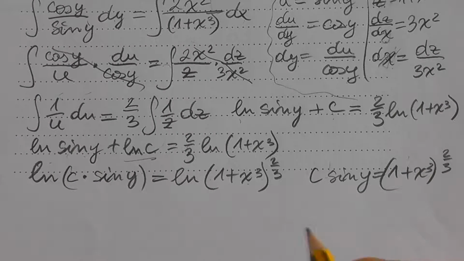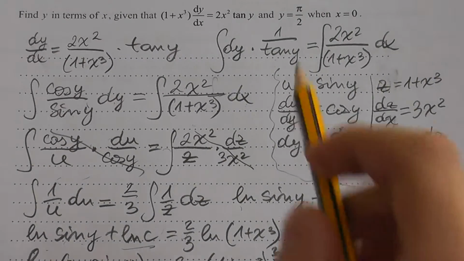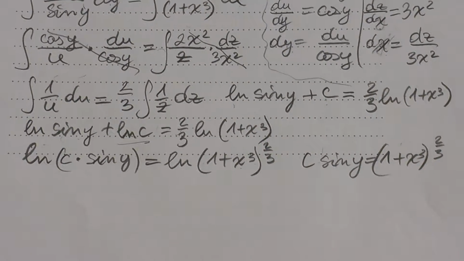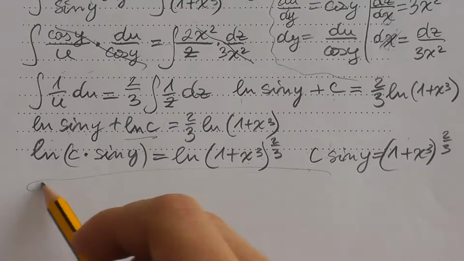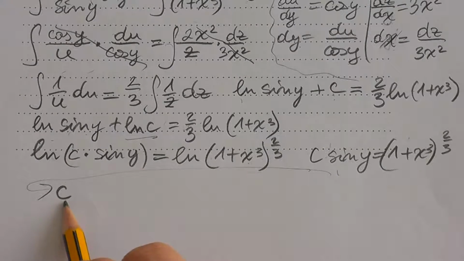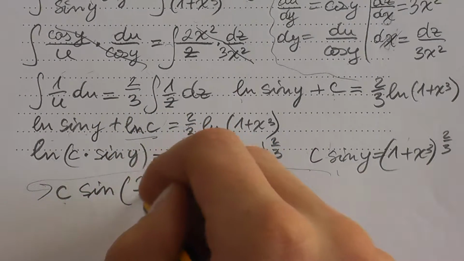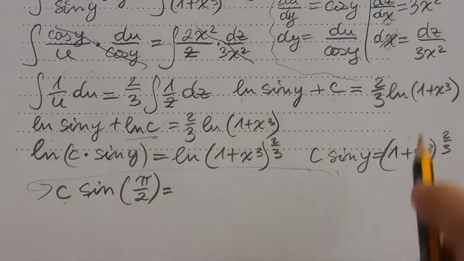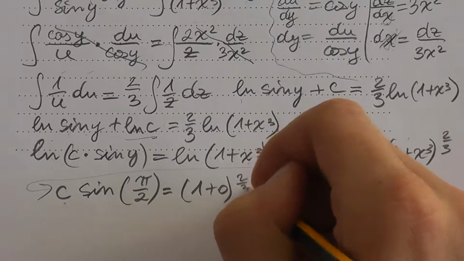We still need to find what the constant c is, and we're going to do that using the information we were given up here, that y is pi over 2 when x is 0. So now we plug in these values. Y is pi over 2, so we have to find c. c sine of pi over 2 is equal to, when x is 0, 1 plus 0 to the power of 2/3.